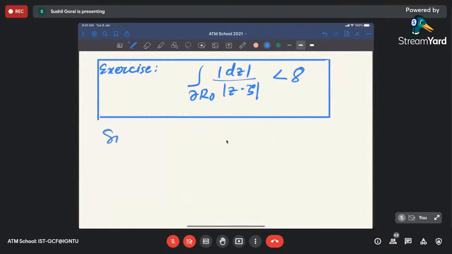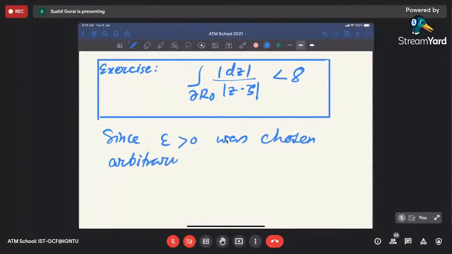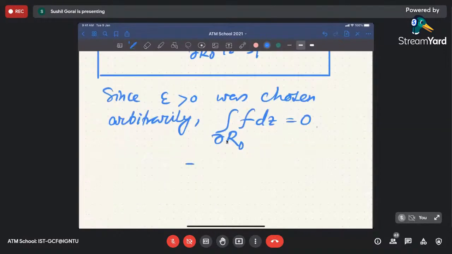And since epsilon was chosen arbitrarily, the integral over ∂r₀ of f dz is 0, and this implies the integral over ∂R of f dz is 0. All right. Any question here?